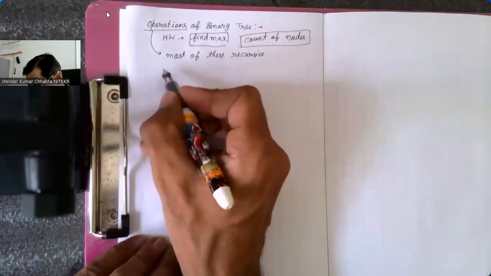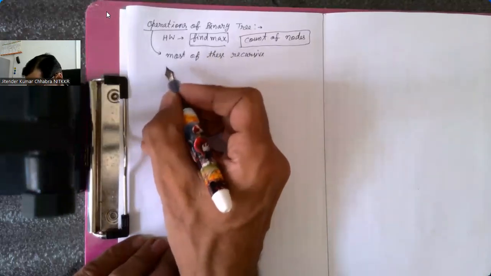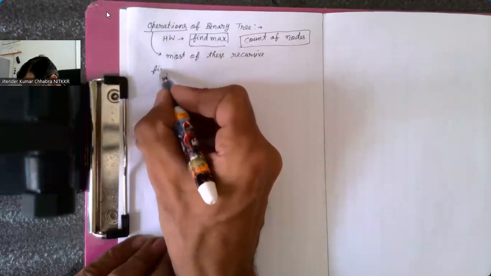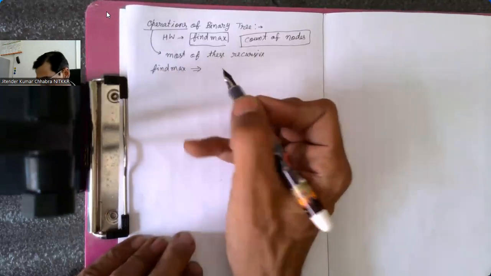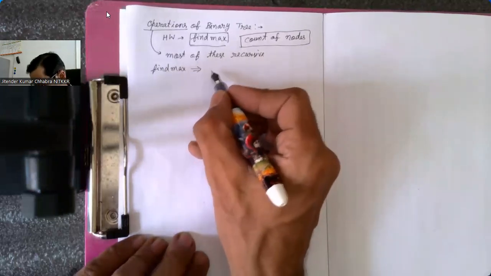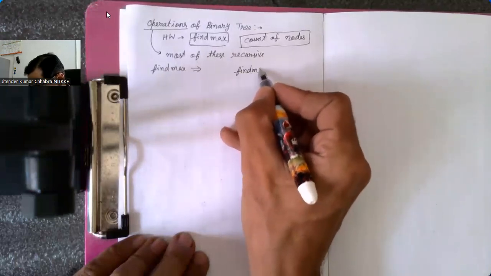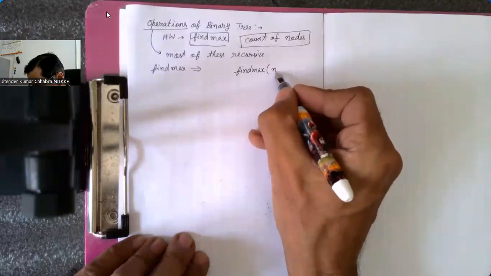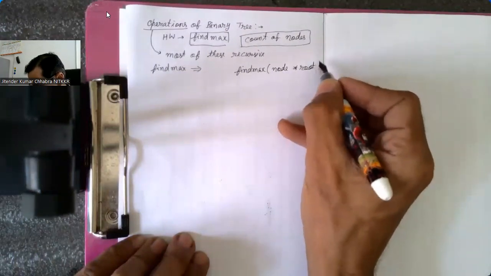Primarily, we will understand the recursive process of working via an example. Let's say I want to have a find max function to be written. What will be the function's header? The parameter to this is obviously the binary tree root, so Node star root will be passed.